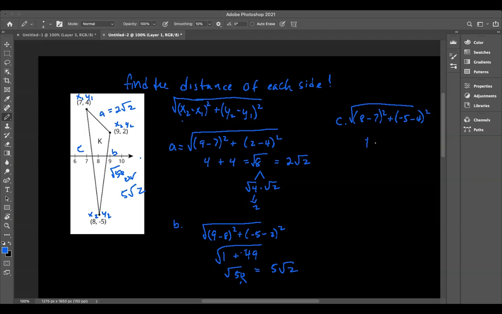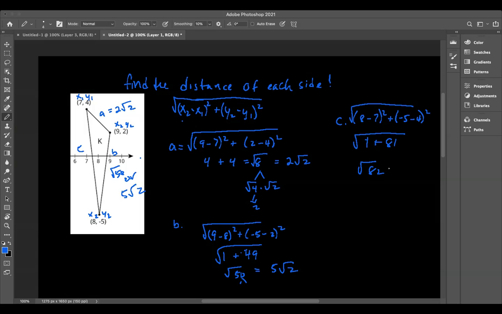So this would be 1 plus 9 squared, which is 81. Then we add these both together, and that would be square root 82. Make sure I got that right. Negative 4. Yeah, that's right. Perfect.